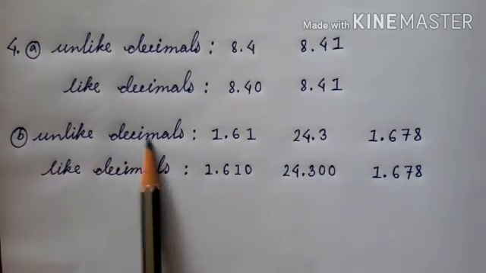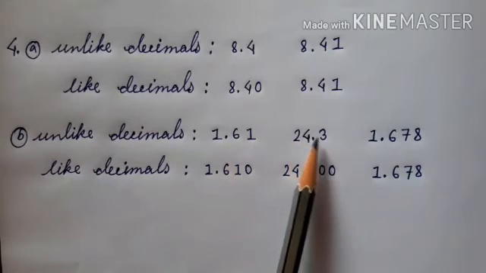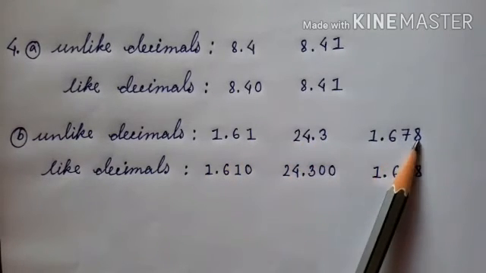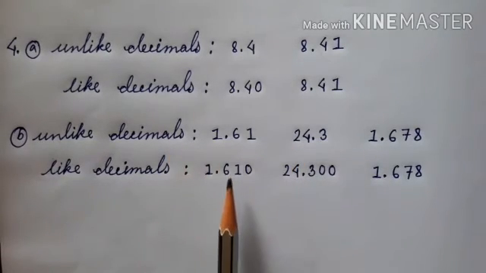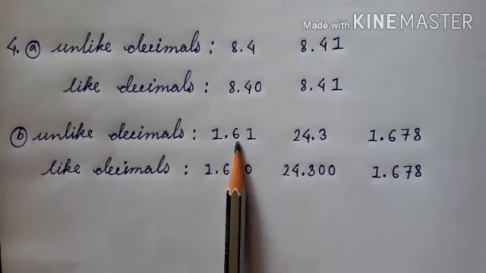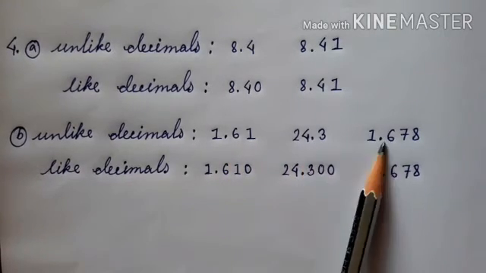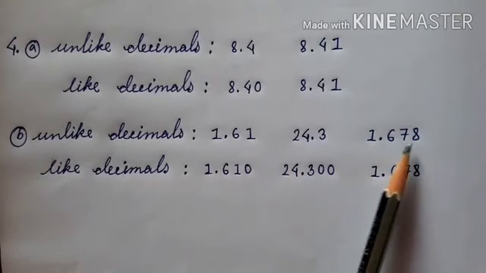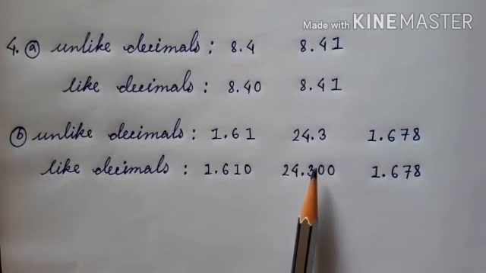Now look at here. The unlike decimals are 1.61, 24.3, 1.678. Now we have to convert these unlike decimals into like decimals, okay? This decimal has 2 decimal places, this decimal has only 1 decimal place, and this decimal has 3 decimal places, right? So we have to find out the equivalent decimals.